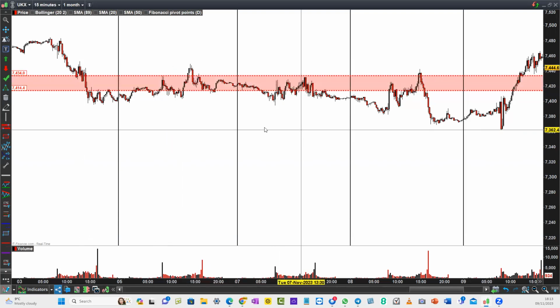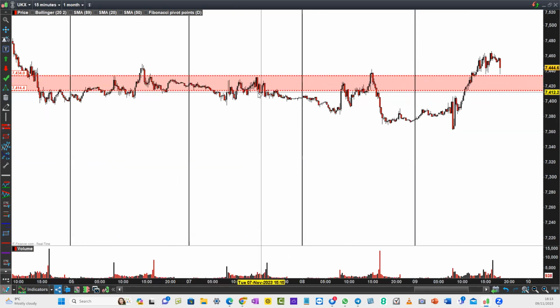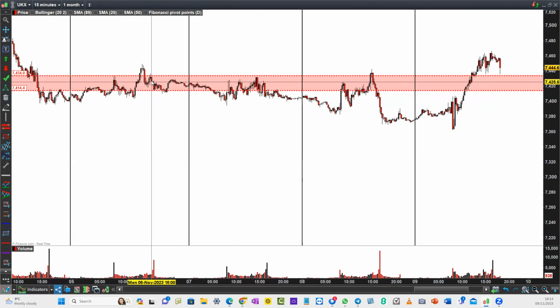So it's a fairly choppy week. Note how, just into the close on Monday, we sold off. So we dropped underneath it. We poked, as you can see, it's very choppy.